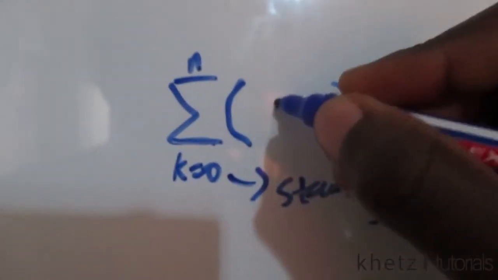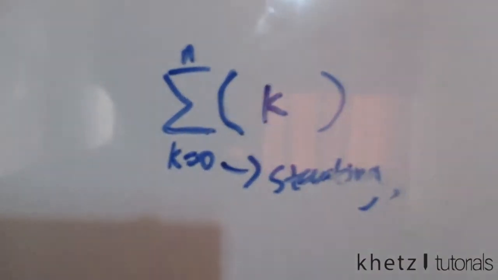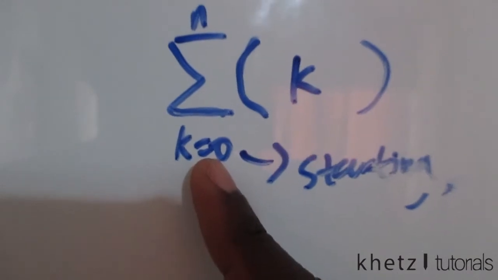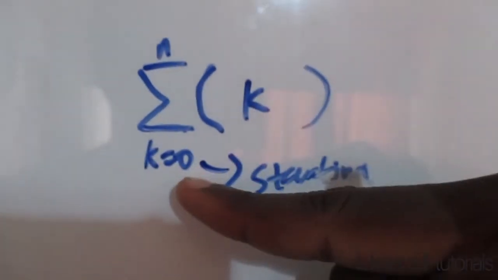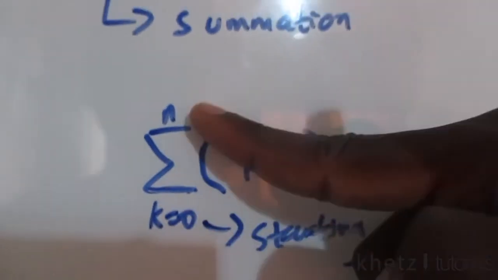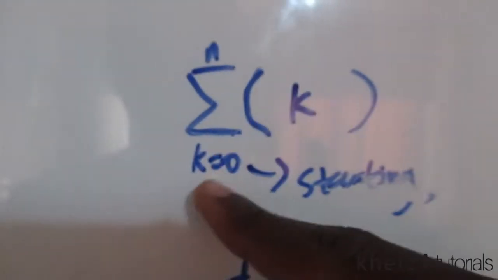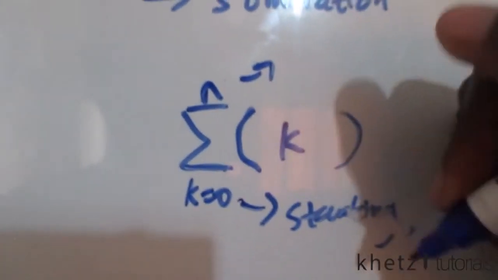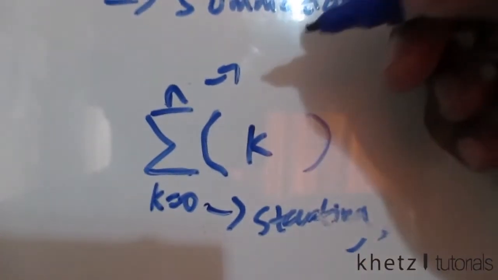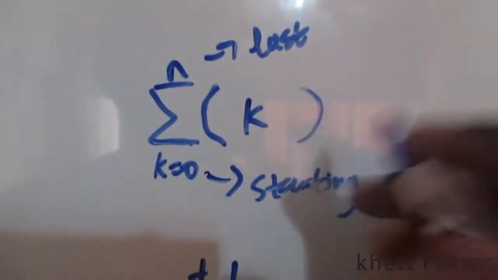Wherever you see the variable k, in this example you only have k, you are going to substitute values from 0 to that, incrementing by 1 as you go along. Which means if this is from 0 and at the top, this is your final value or your last term or last substitution, and this is your starting point, right?